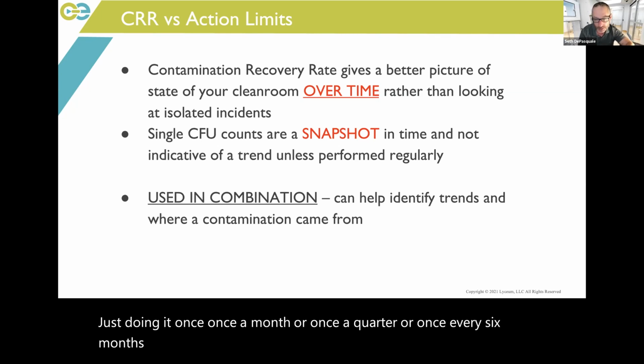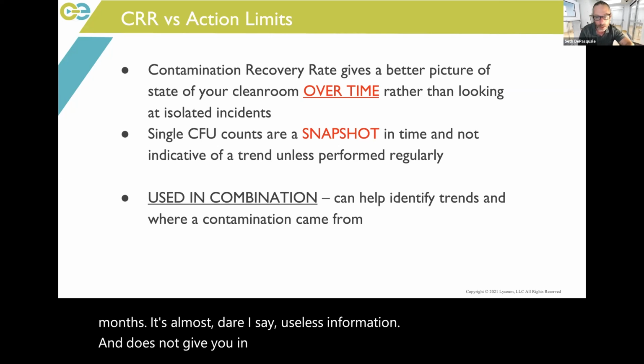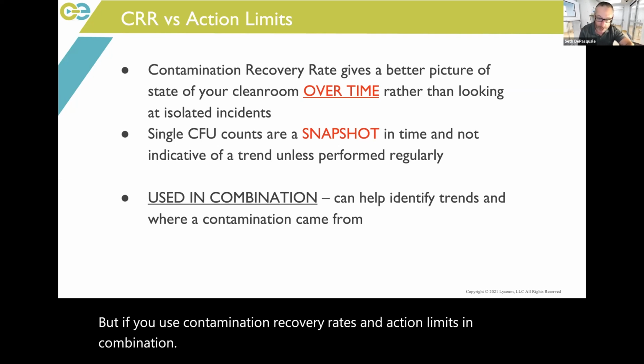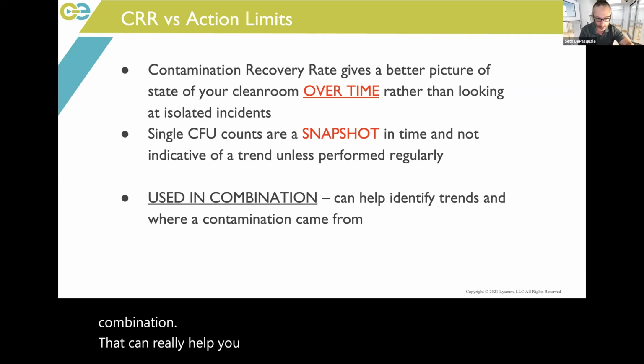It's almost, dare I say, useless information, and does not give you a very good picture over time of the state of your clean room. But if you use contamination recovery rates and action limits in combination, that can really help you identify trends and where a contamination came from.